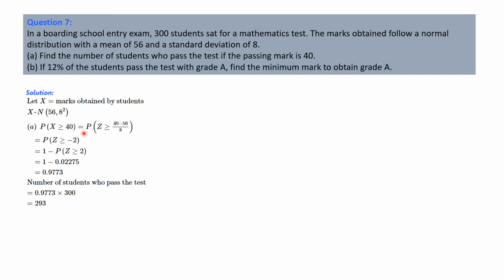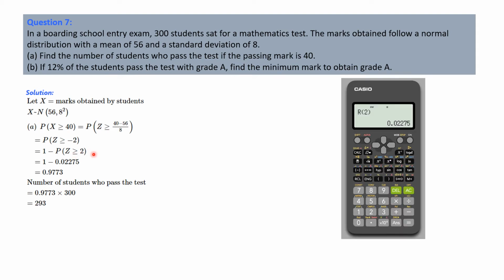Then after we standardize it, we will have probability for z greater than or equal to 40 minus 56 over 8, which is negative 2. So in order to find the probability for z greater than negative 2, which is on the left hand side of our bell, we have to use 1 minus probability for z greater than 2. So by pressing the calculator, you will have the value of 0.02275.